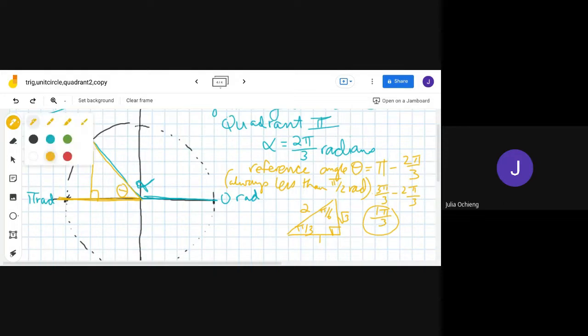So sine of 2 pi over 3 is equal to the sine of pi over 3. So that's going to be opposite over hypotenuse, so root 3 over 2.